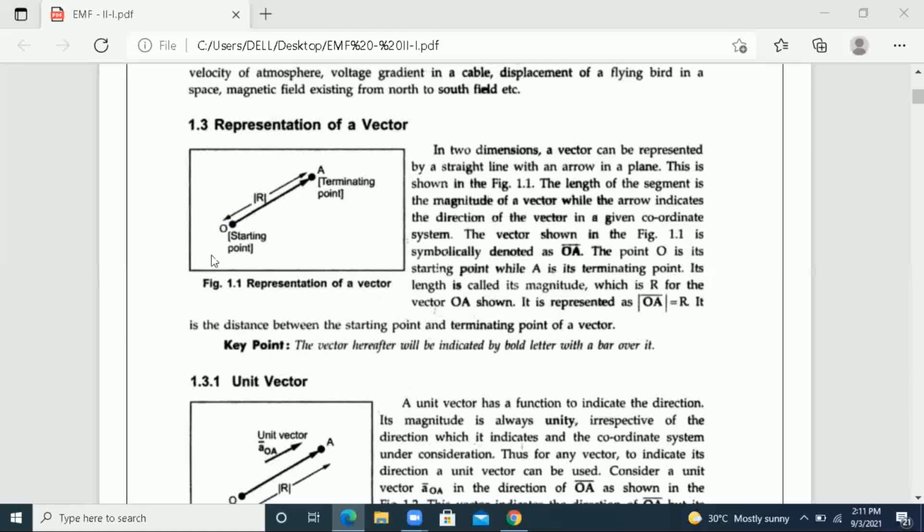The length is the magnitude of the vector, and the arrow indicates the direction.